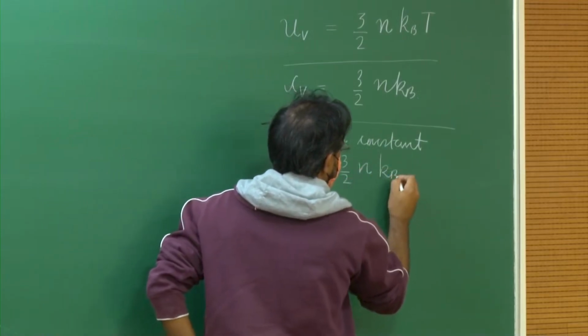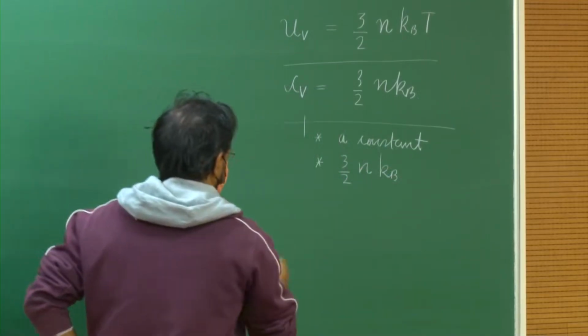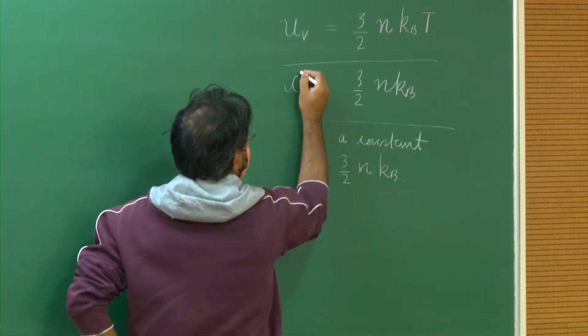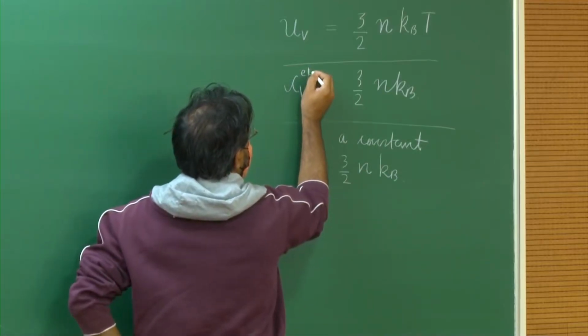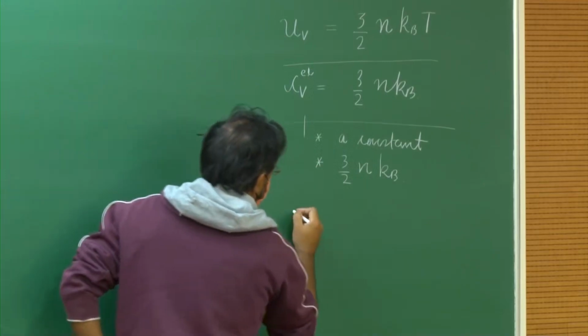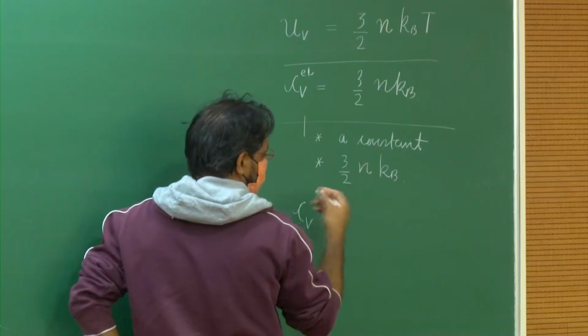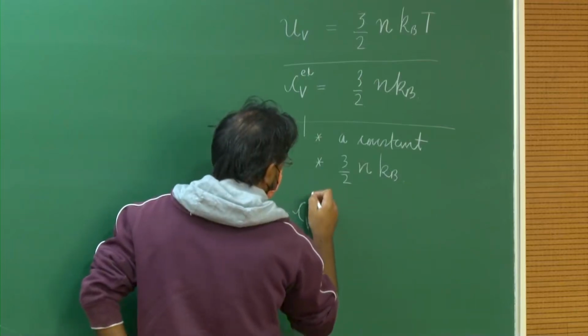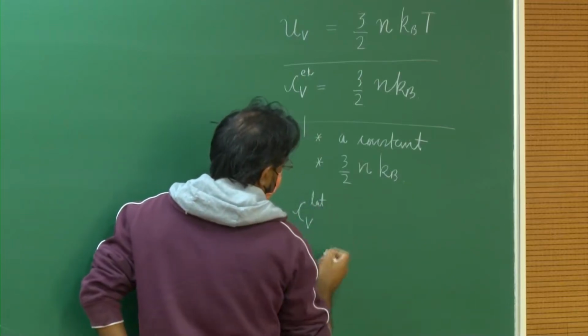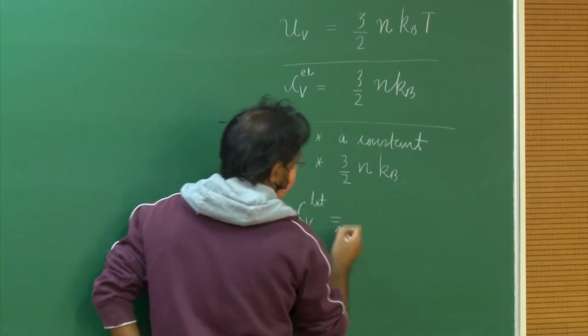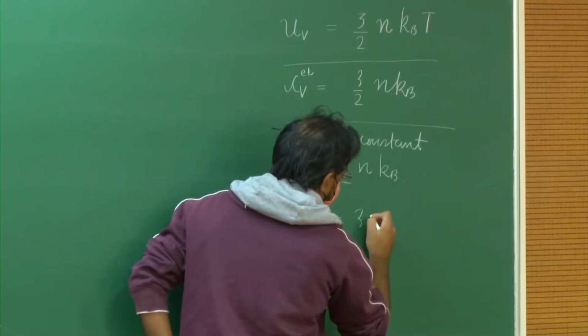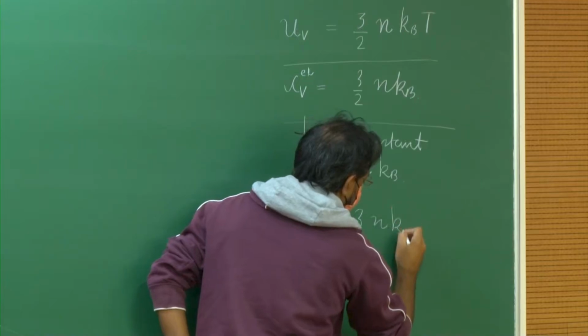That is the magnitude. Now, if we combine with the lattice specific heat, so this is for electrons, so I will write el now, and then similarly I can write CV, specific heat at constant volume, for the lattice, lat, and CV lat at high temperatures is 3 n kB, right.